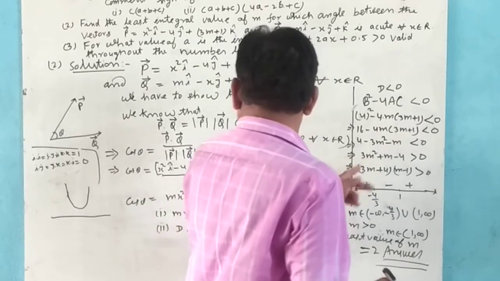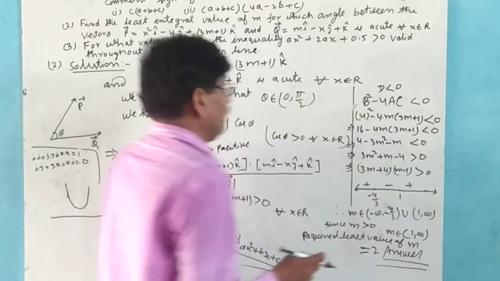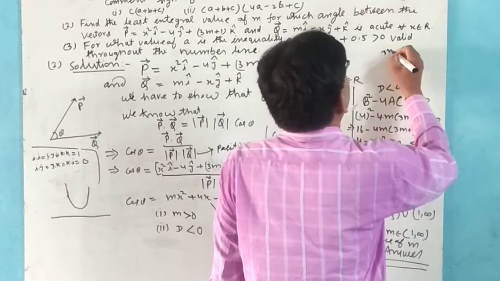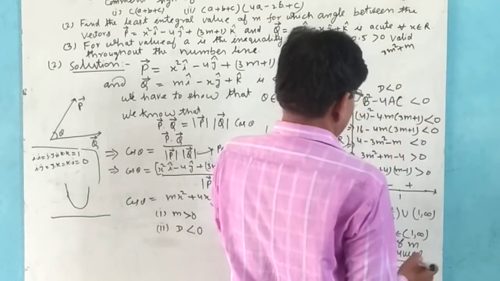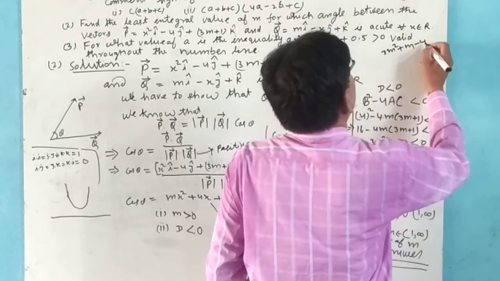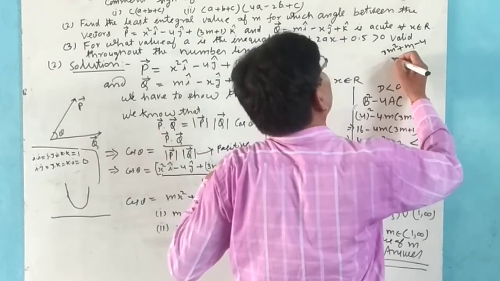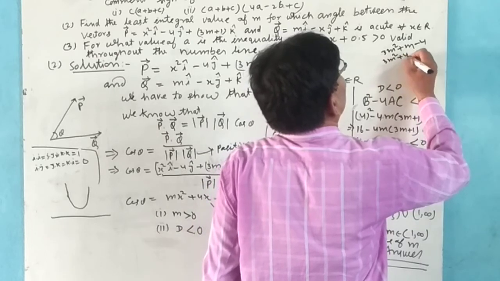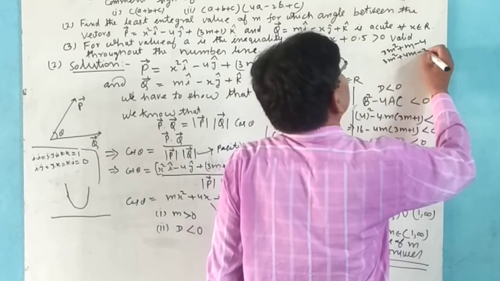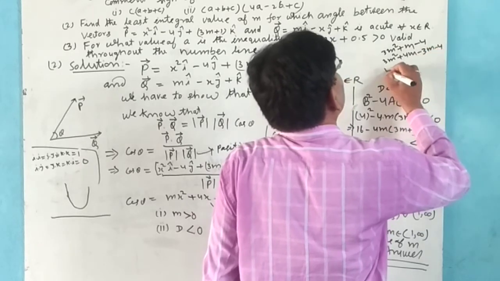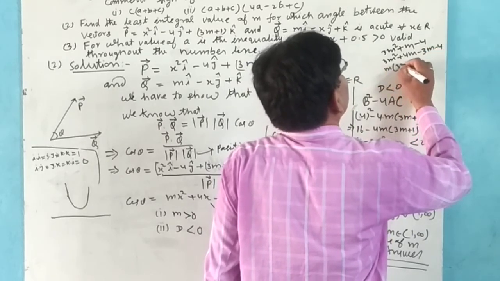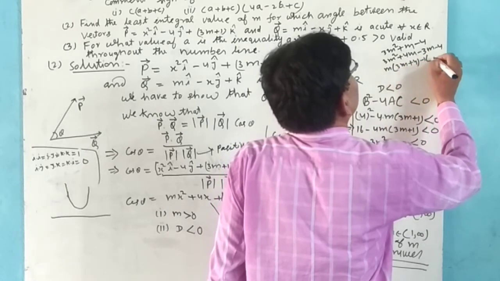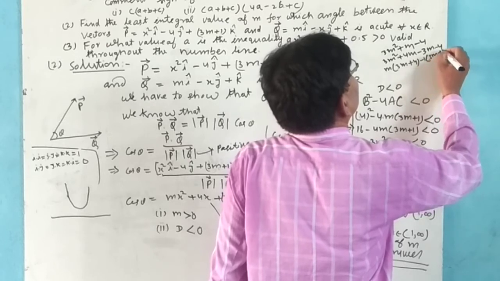Factorize 3m square plus m minus 4; the product is 12, so 3m square plus 4m minus 3m minus 4. Here m is common, giving m(3m plus 4), and minus 1 is common, giving minus 1(3m plus 4).